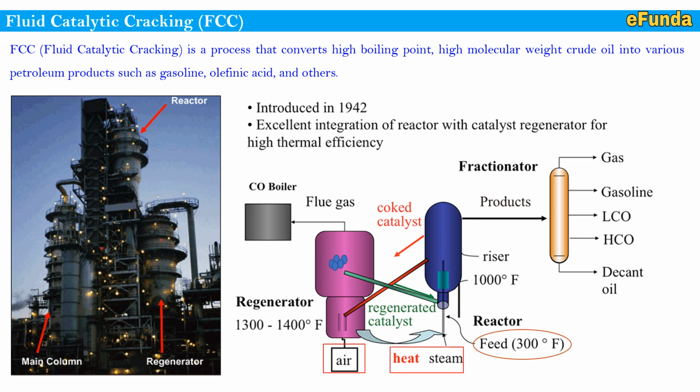When the feedstock enters the process, it immediately meets a stream of hot catalyst and vaporizes. The feed is at 300 degrees Fahrenheit, then it passes to the reactor where the regenerated catalyst mixes, and both get heated up to 1000 degrees Fahrenheit, where the riser part is.